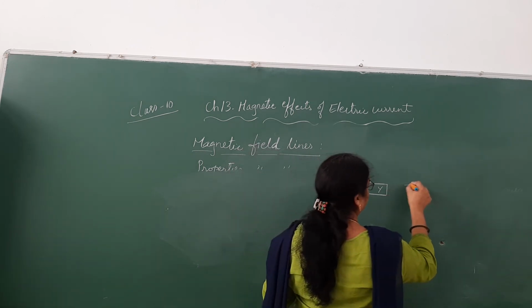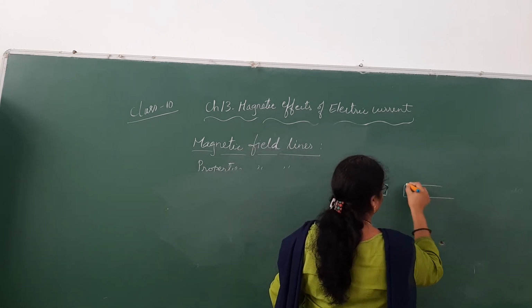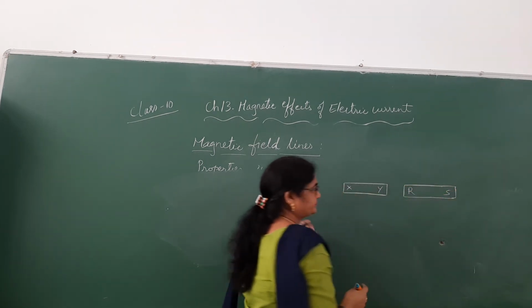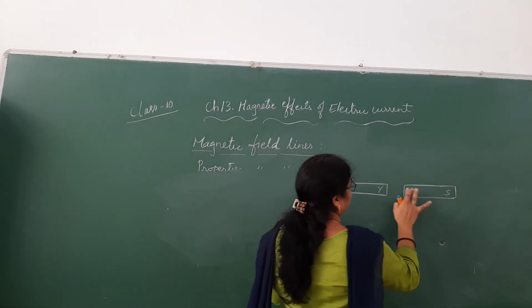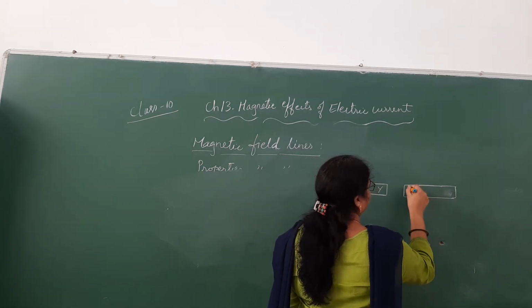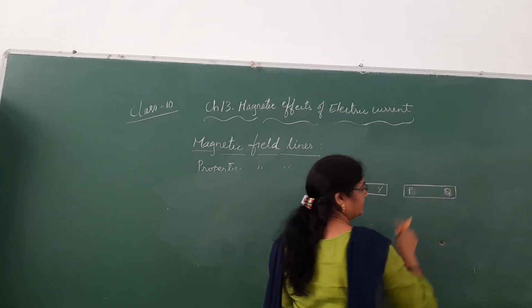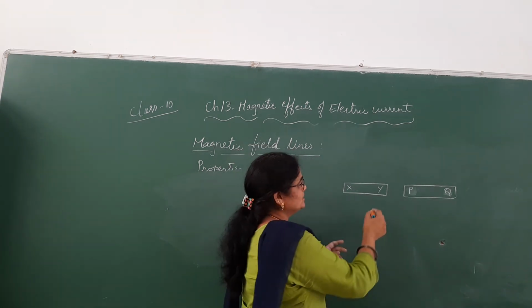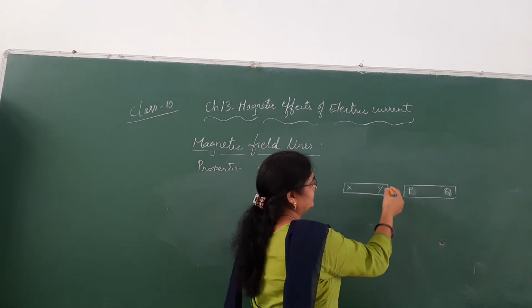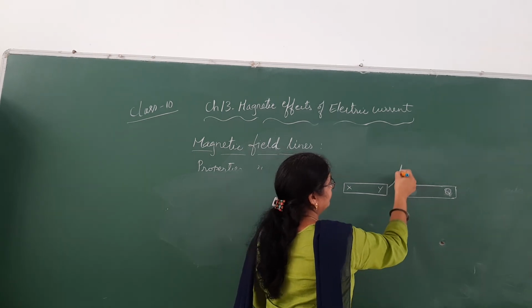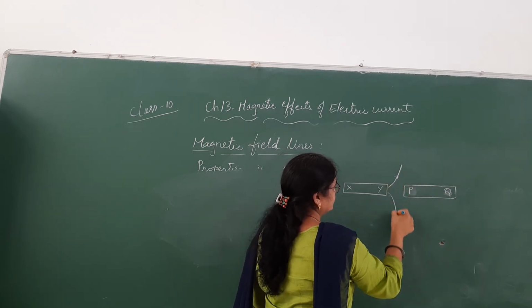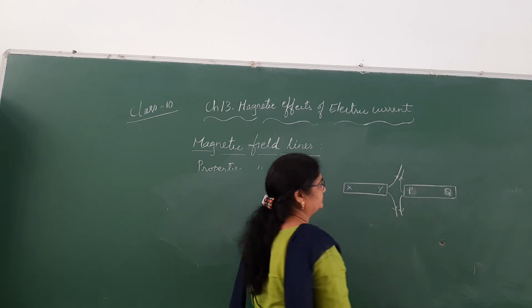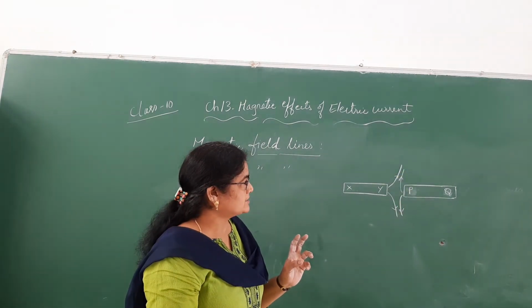And one more bar magnet is kept close to it with poles P and Q. So here in the figure, they have shown the magnetic field lines like this.